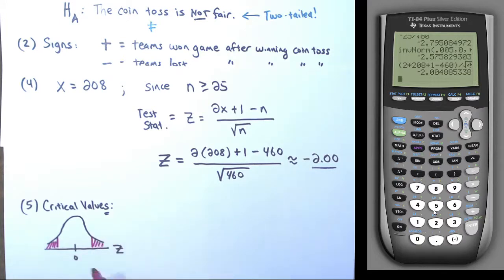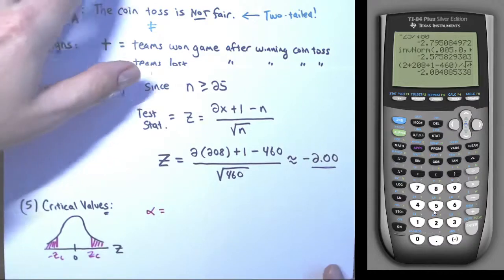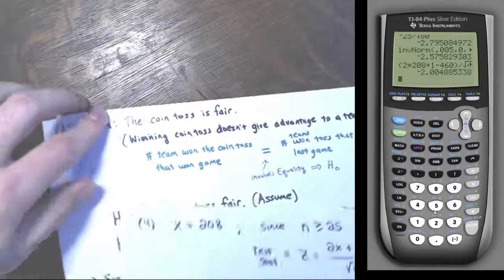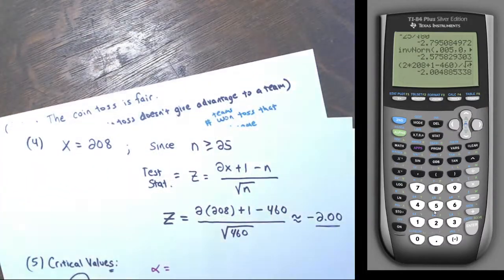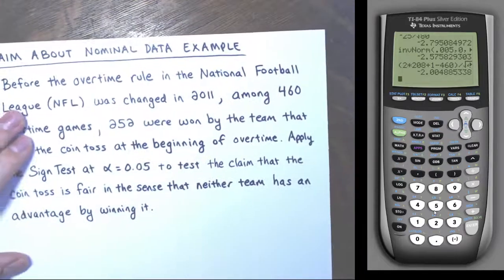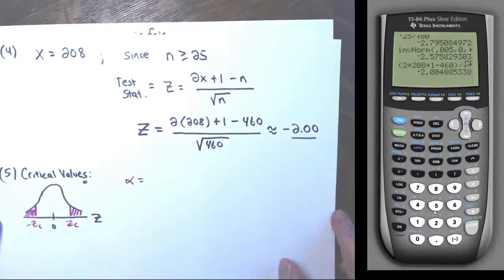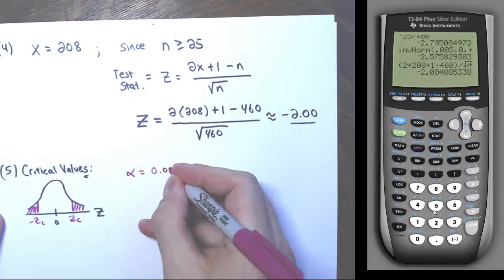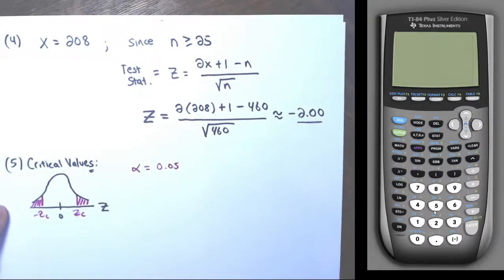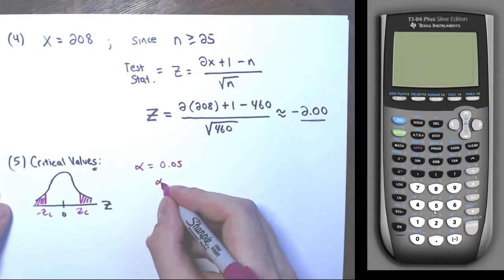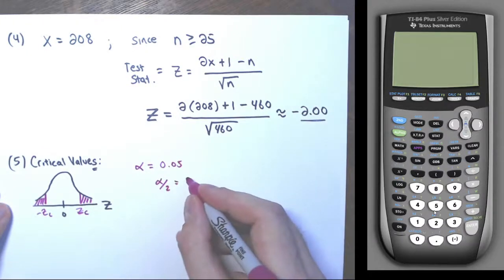And we're looking for this, I'll call this zc, and this negative zc for critical values. And remember what alpha was here. All right, now alpha for this test was 0.05. Right, alpha 0.05 from my problem, 5%. Alpha was 0.05, and we're doing a 2-tailed test, so this gets cut in half, right? Alpha divided by 2 is 2.5%, right?